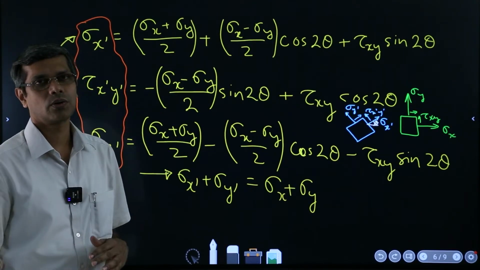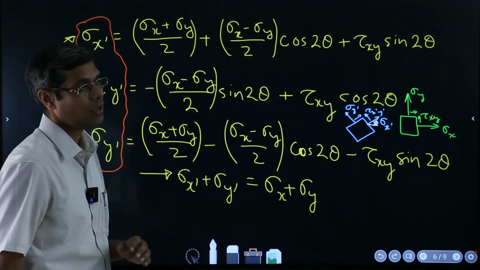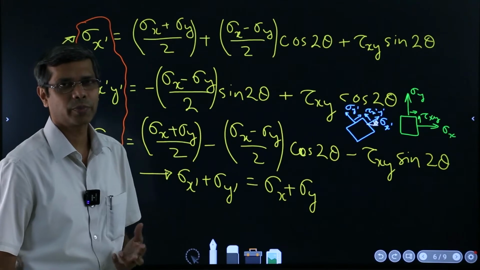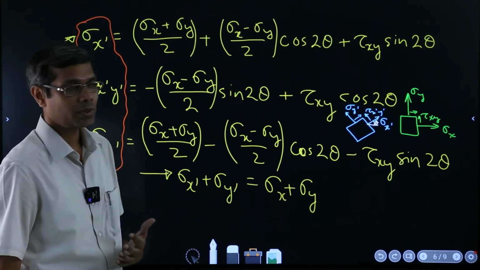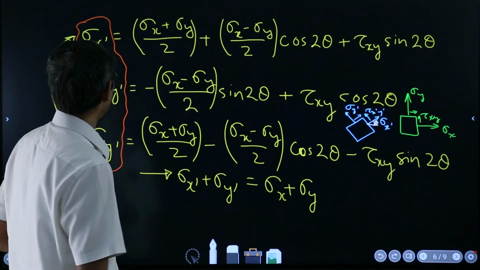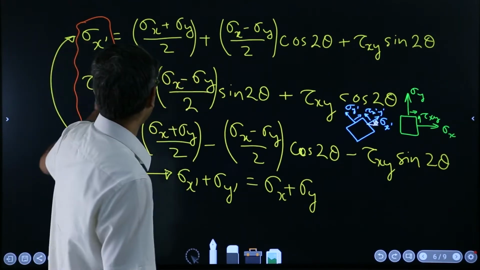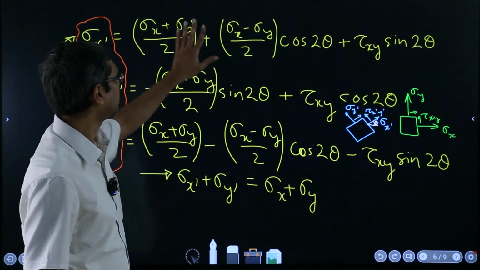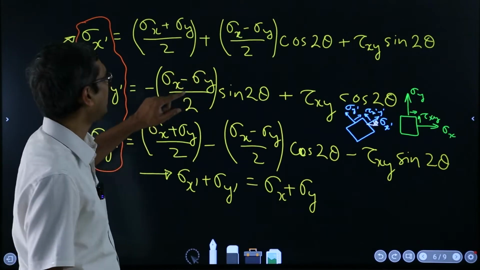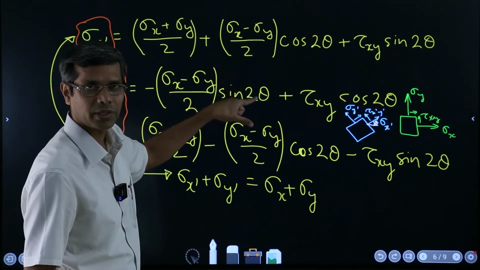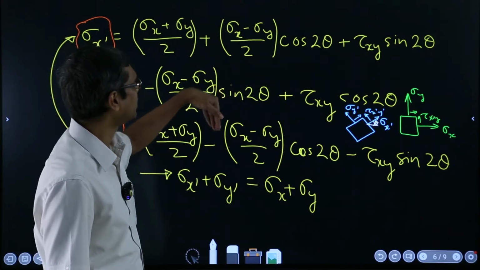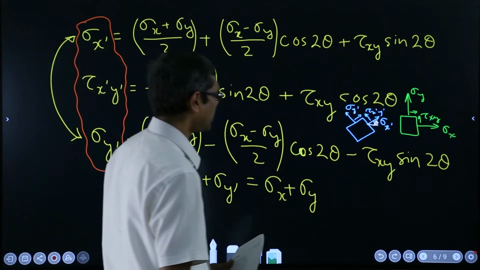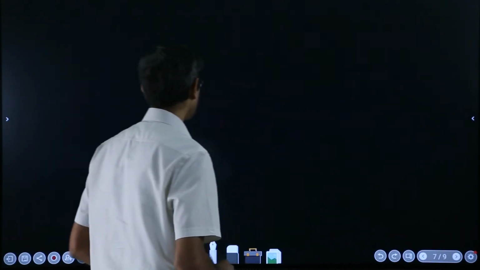Let us see how it looks, because in some cases it is possible that a nice kind of curve may come up. In fact, it will turn out to be a circle. We will see in a moment that these are the parametric equations of a circle, with parameter 2 theta. If we remove this 2 theta and get a relationship between them, we will see that it becomes a circle.